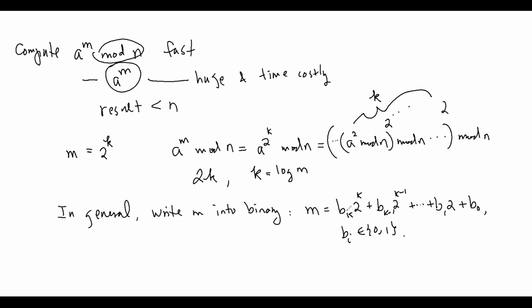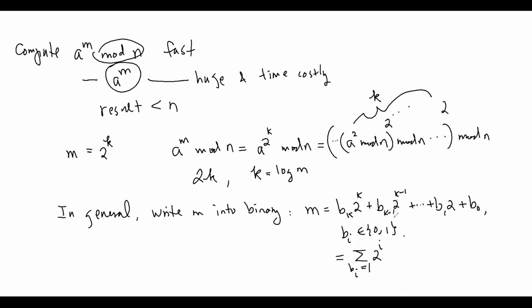Okay, and of course b_k is 1, but some of these may not be. So I can also write it as 2 to the i when b_i is 1. When b_i is 0, that term disappears.